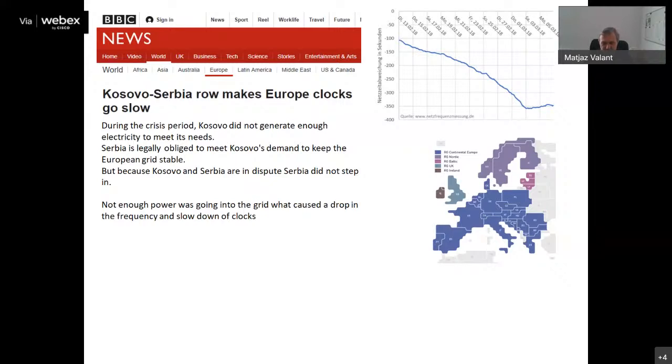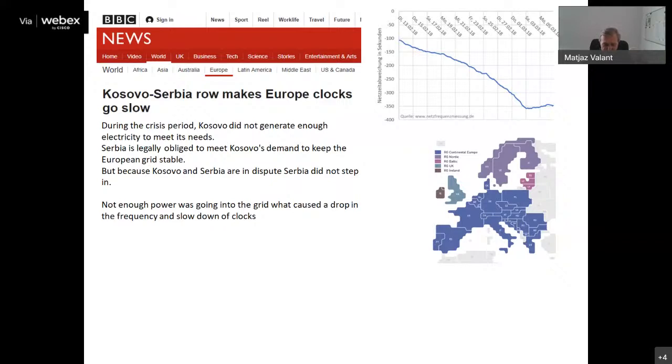At some point, all European clocks on microwaves, ovens and so on were 6 minutes late. Of course, when they realized it, they fixed this problem, and now we have accurate clocks on our microwaves.